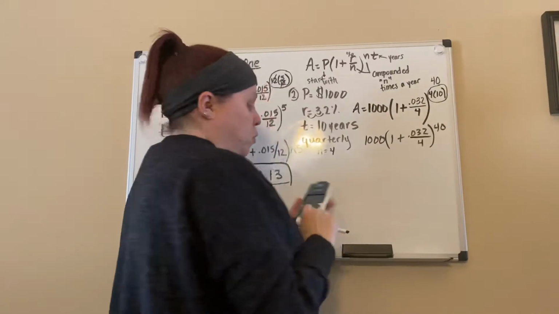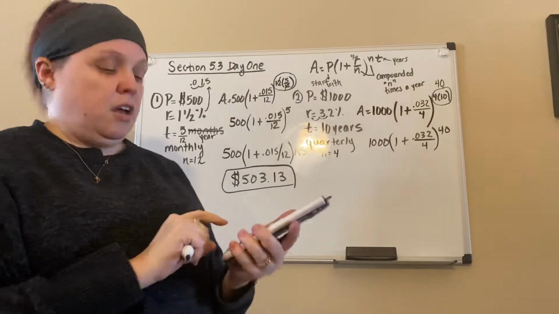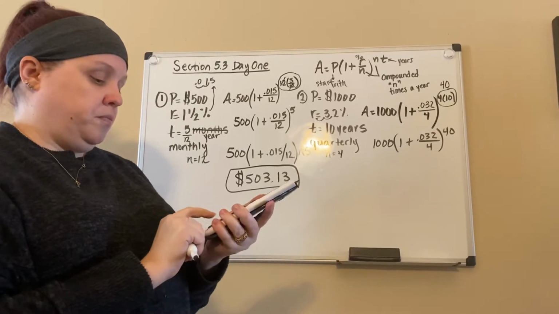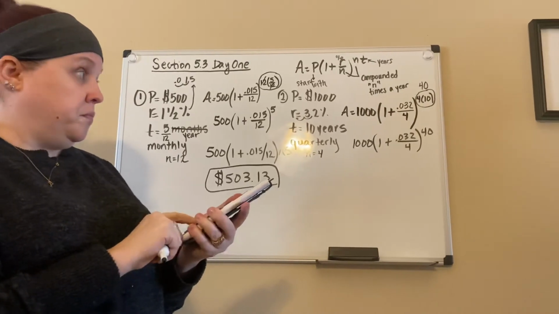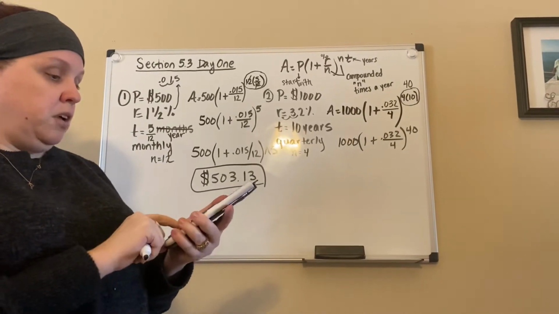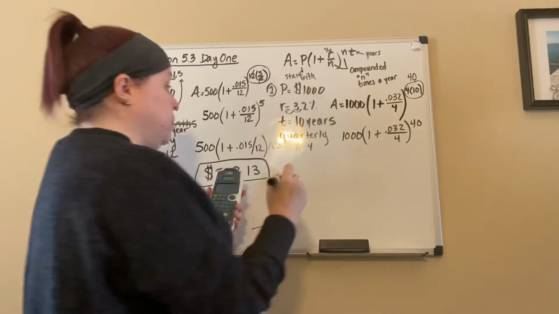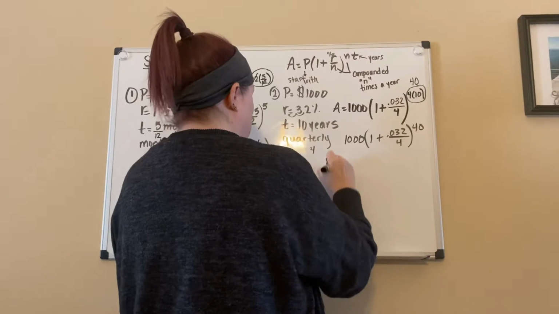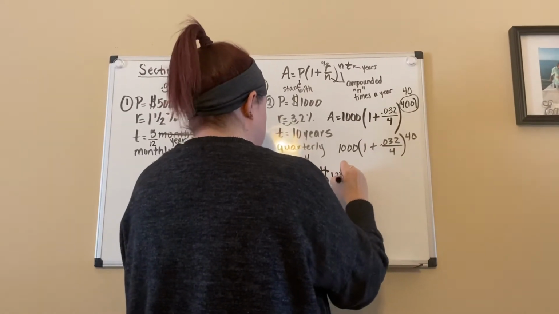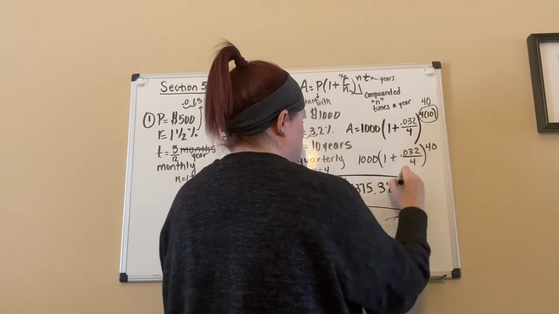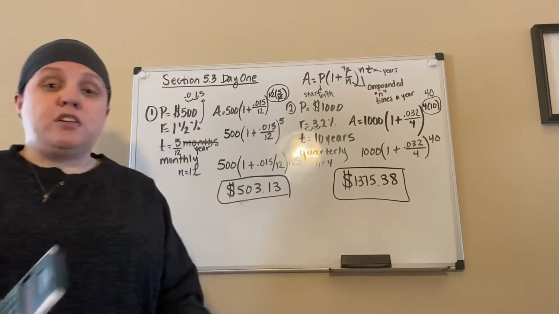And you'll type that in once again, just like it looks into your calculator. To the 40th. Once again, round it to money. I got 1375.38. So that's your first formula.